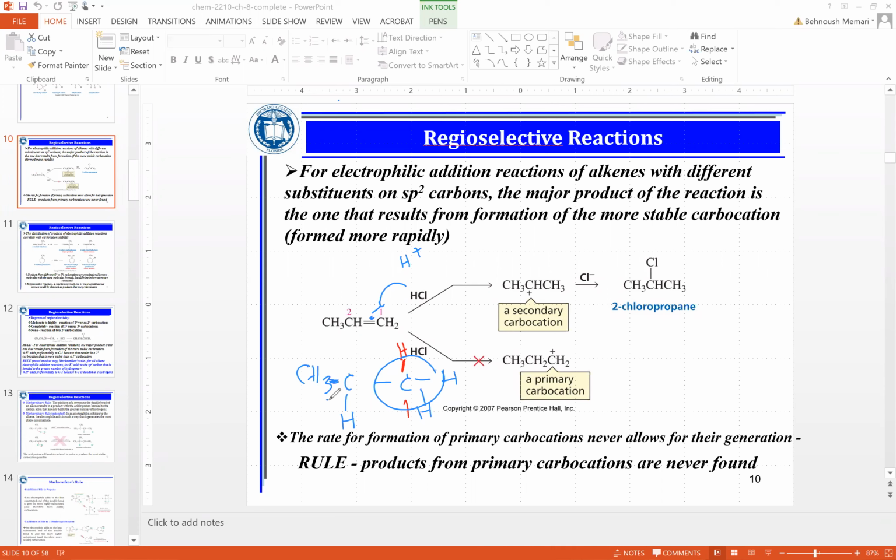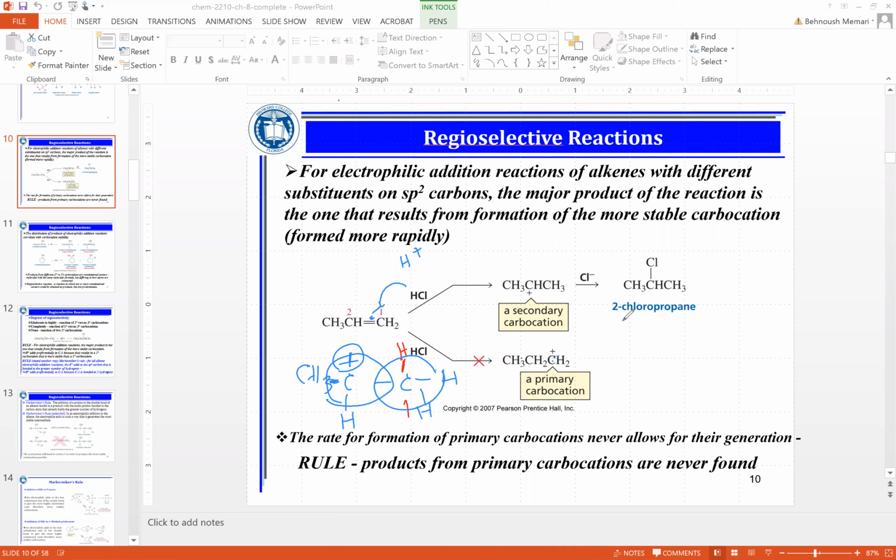So there are only 6 electrons for this other carbon 2. So carbon 2, as a result, is going to take the plus charge and is the carbocation that forms. So if carbon 1 gains the hydrogen, carbon 2 takes the plus charge. If carbon 2 takes the hydrogen, carbon 1 takes the plus charge.